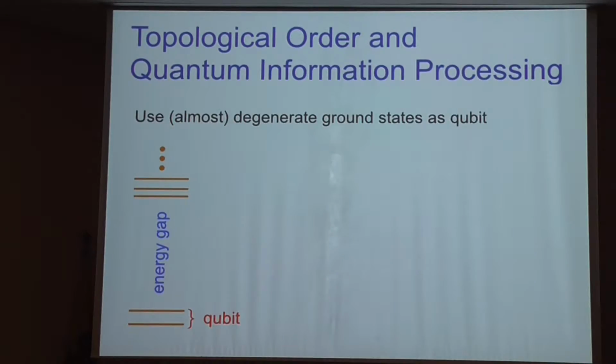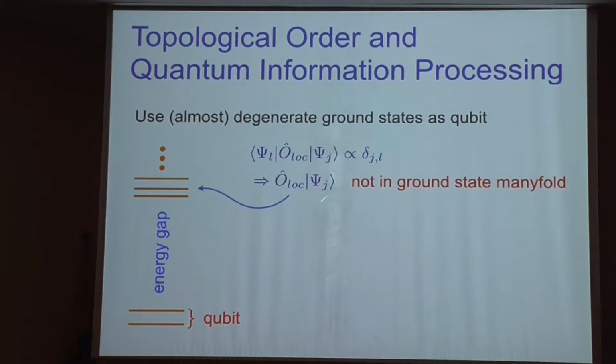And that's why these systems have received interest in the context of quantum information processing. So the idea here is to use this degenerate or almost degenerate ground state manifold as the logical qubit. And because a local operator cannot do any transition between the two ground states, applying it onto one of the states in the ground state manifold will always generate one of these excited states.